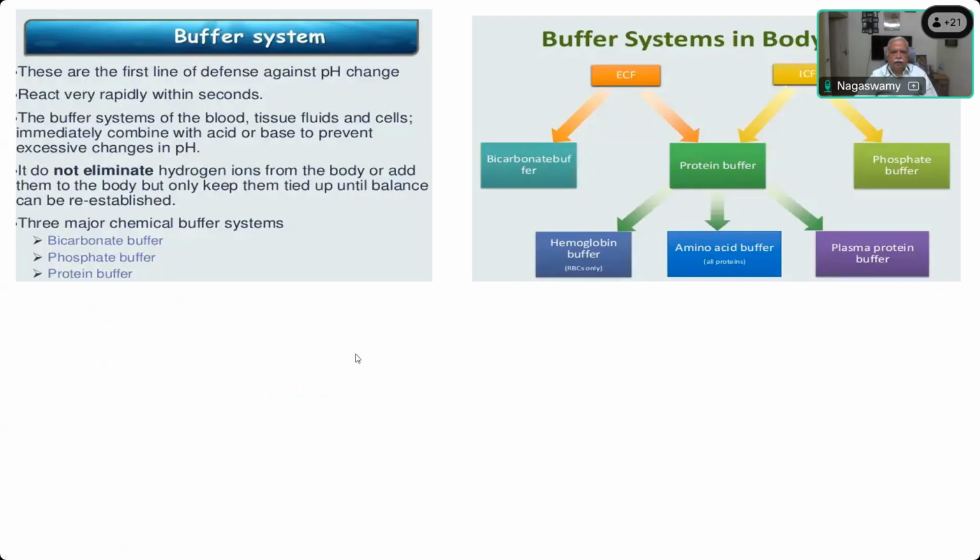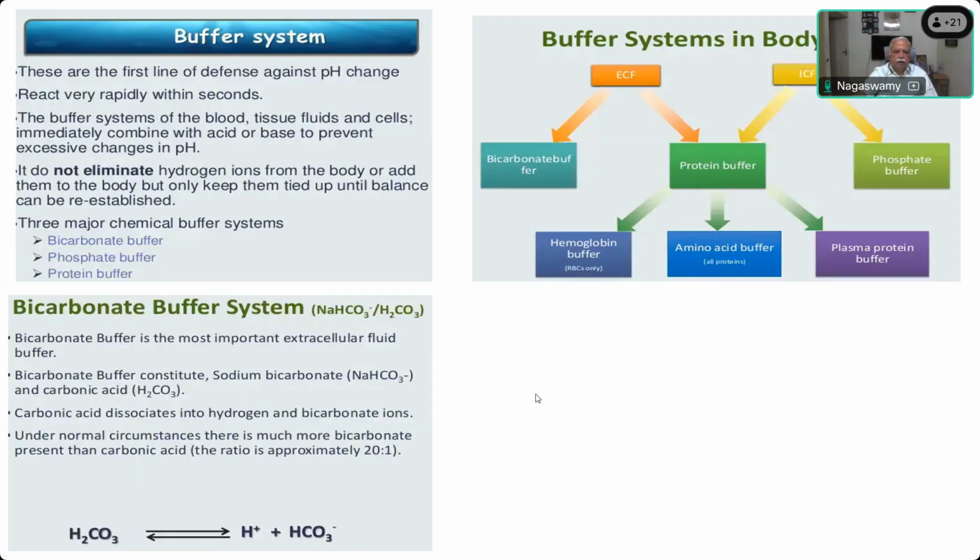And the bicarbonate buffer system, how does it work? It takes the hydrogen ion and converts it into carbonic acid, which is a weak and stable acid. That can break down into water and carbon dioxide, and it can be eliminated through the lungs.